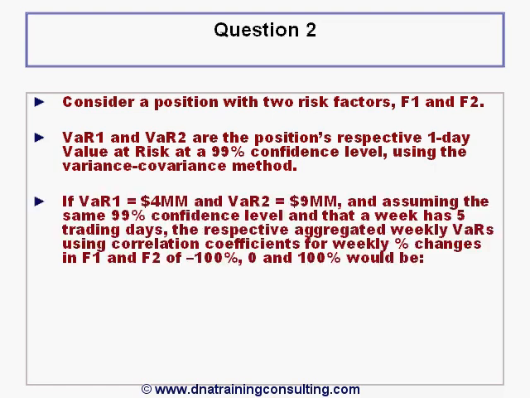If VAR1 equals $4 million and VAR2 equals $9 million, and assuming the same confidence level and that a week has 5 trading days, the respective aggregated weekly VARs using correlation coefficients for weekly percentage changes in F1 and F2 of alternatively minus 100%, 0, and 100% would be, here are the 4 permissible answers.